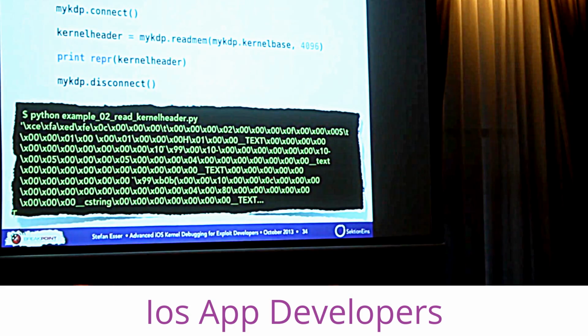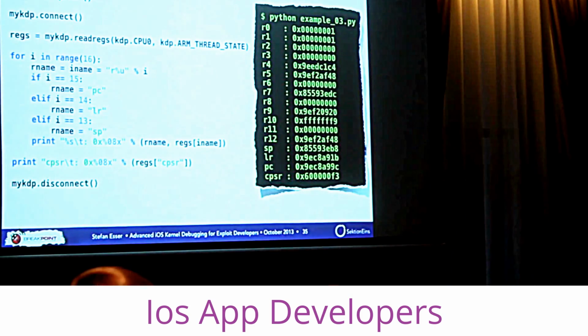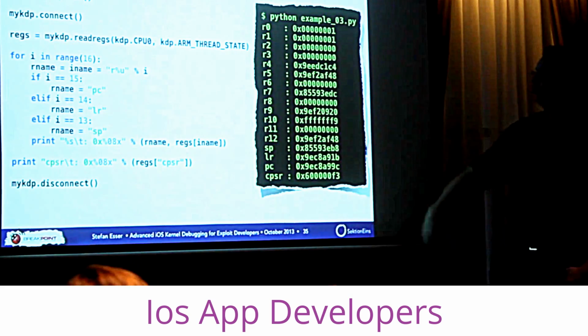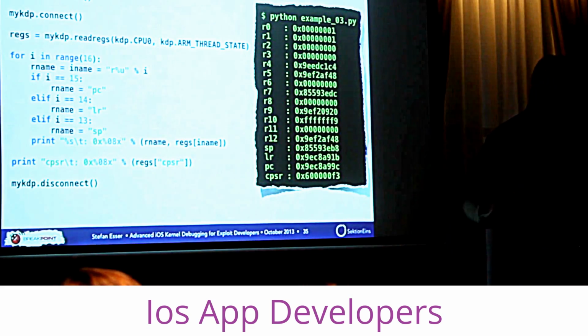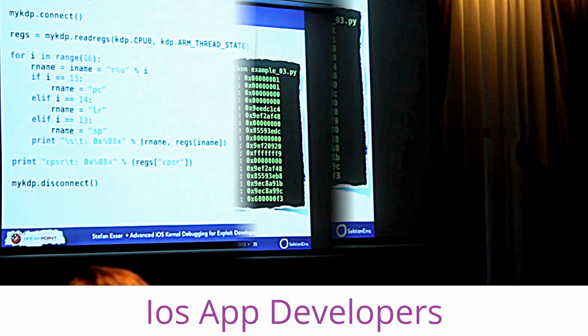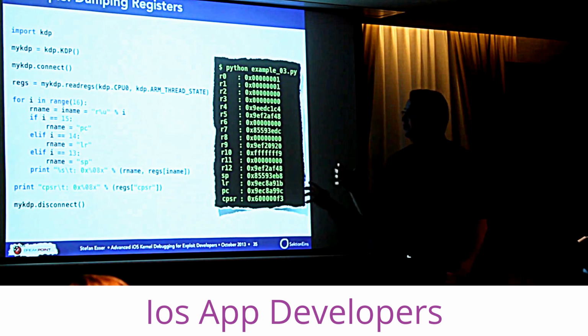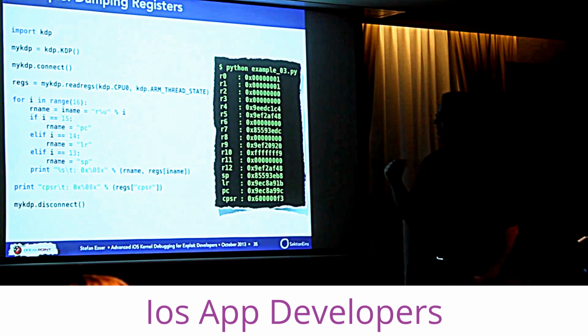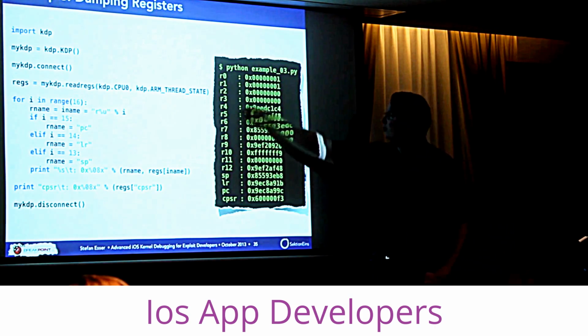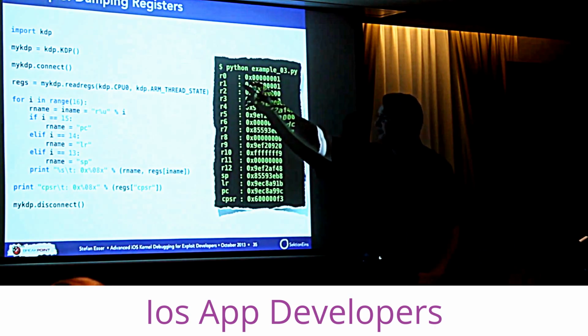Another thing you always want to do, especially when you debug a crash, is dump the registers. This is also very easy. You just use the first CPU. Of course, on an old device there is only one CPU, which is the only thing supported at the moment. It will give you back an array which contains all these elements here.